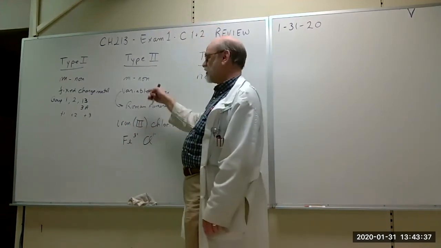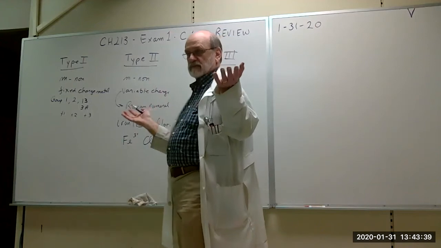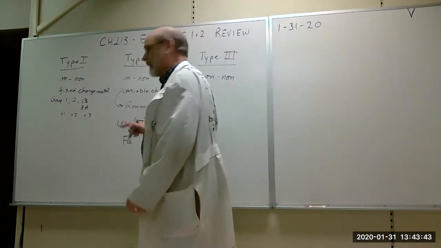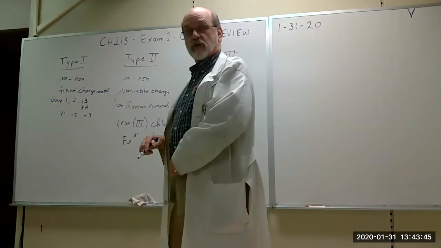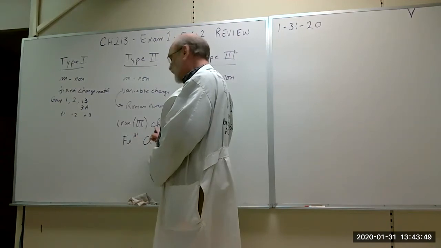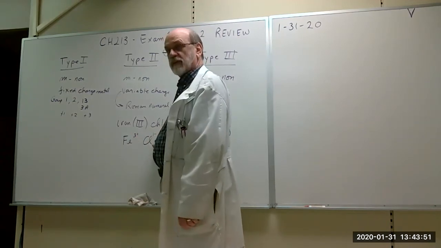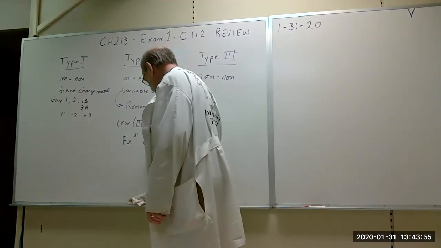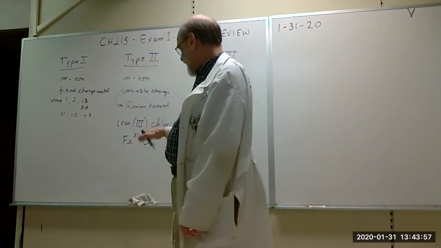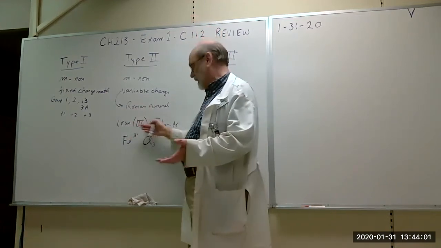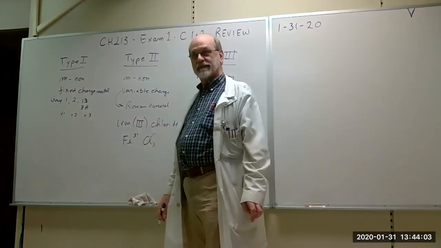It has to tell you because it could be +2, +3. So then you balance the charge to write the correct formula. If you got 3 pluses over here, you need 3 minuses over here because compounds are neutral. So we need 3 of these. So it'd be FeCl3 would be the correct formula for that name.